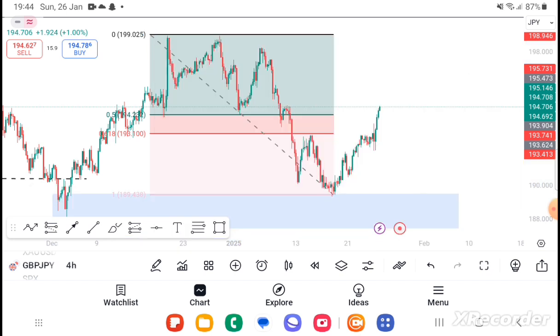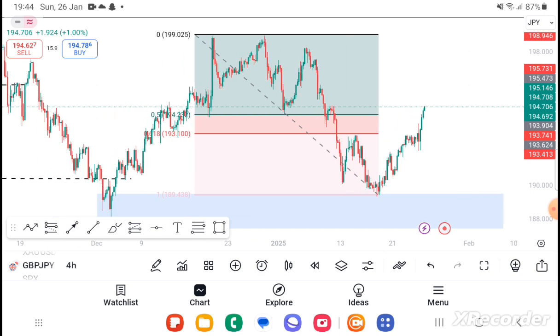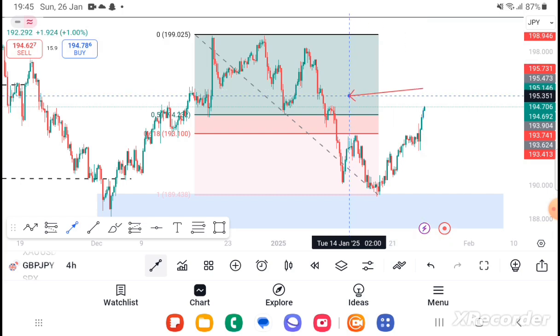Okay, so if I use my fib tool, I can see that we are well into the 50% area. So we should start expecting some sales, some small sales, from this side.